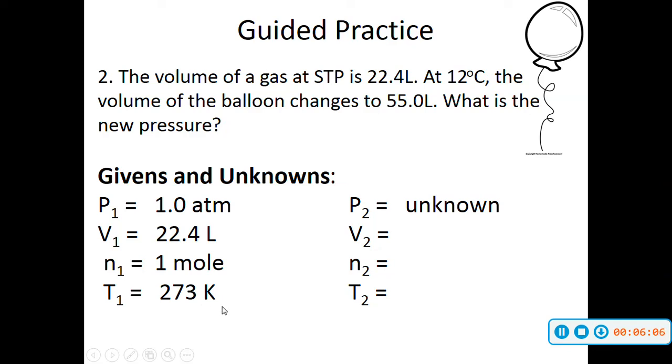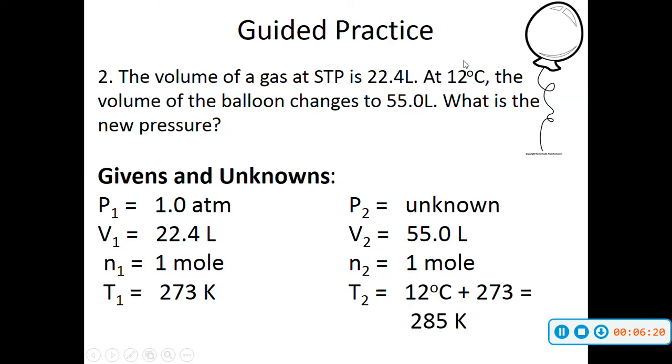P2 is our unknown. V2 is 55 liters. N2 was not given, but we assume it to be 1 mole. Our final temperature was 12 degrees, but we do not use degrees Celsius, so 12 plus 273 gives a temperature of 285 Kelvin.